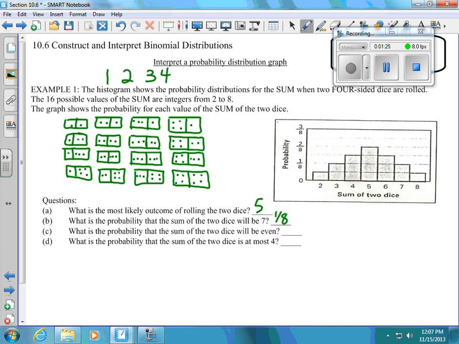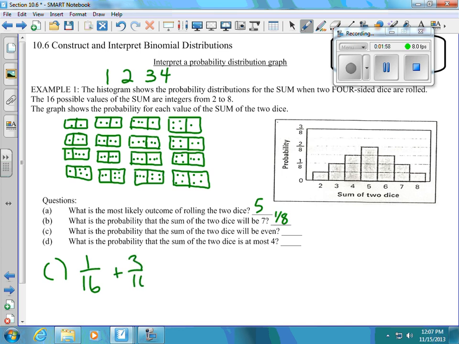What is the probability that the sum of the two dice will be even? Well, for C, we're going to add a little bit. Even numbers are 2, 4, 6, and 8. So it looks like we have 16 values here. If you're going to get a 2, there's 1 out of 16 to get a 2. To get a 4, which is the other possibility, that's 1 16, 2 16, 3 out of 16.